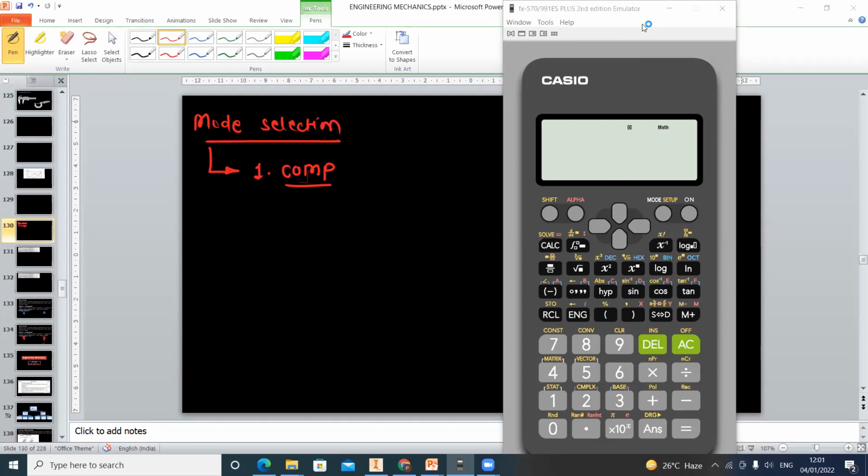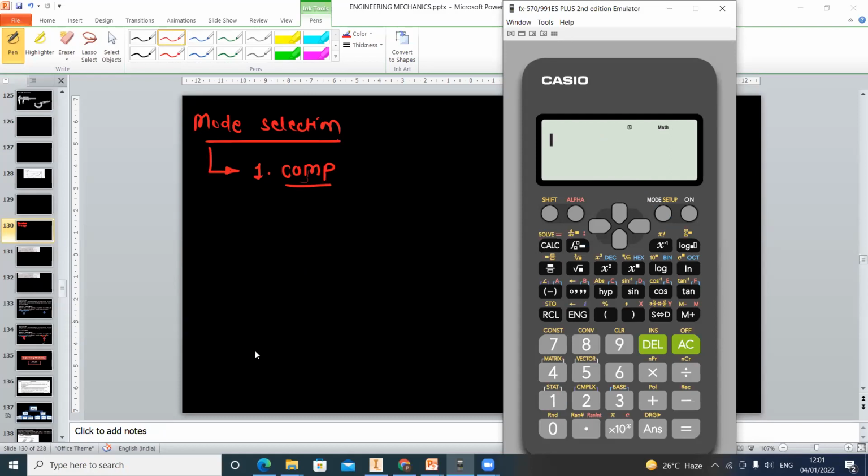There is no difference. To select this COMP mode, just press mode setup. In the mode setup, you can see the various modes available for your calculations. We have to select COMP, so press 1. So we have selected the COMP mode.